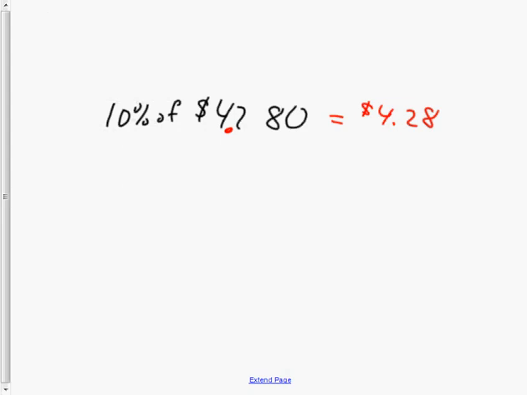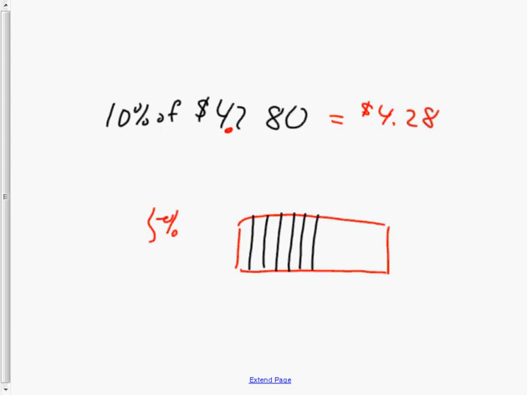Okay? And then 5% of a number is the only other one you really need to know how to do mentally. And 5% of a number, if I think about that 10% again, so I'll take this and go 1, 2, 3, 4, 5, 7, 8, 9 lines make 10 sections. This is 10%.